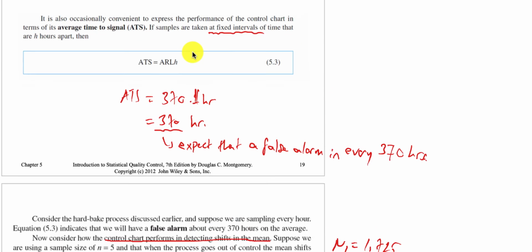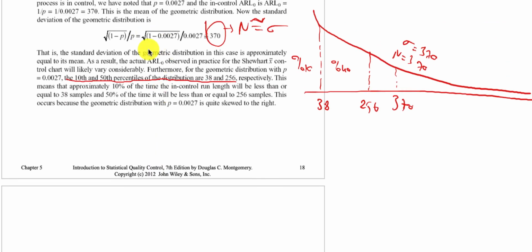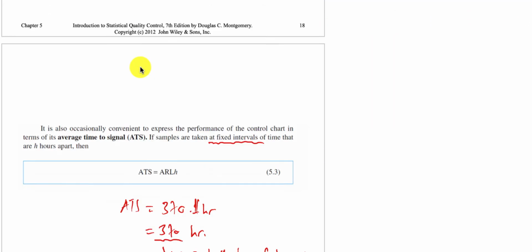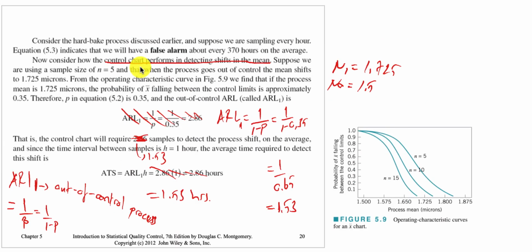This average run length null was for when the process is in control, but if we have an out of control process, what formulation are we going to use? We are going to use the formulation here. This is the average run length 1, and it represents the out of control process average run length.